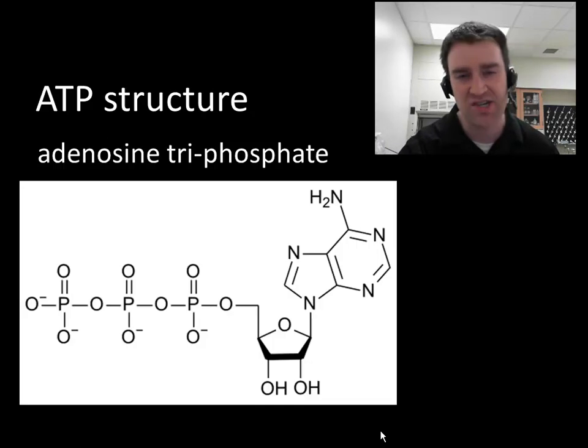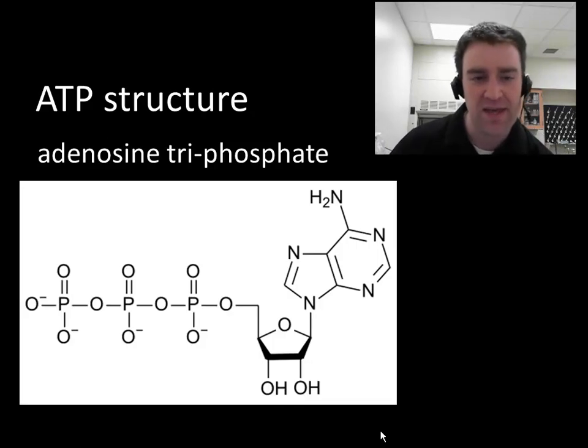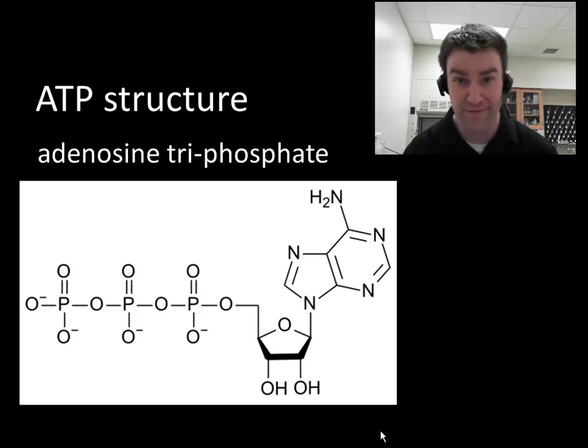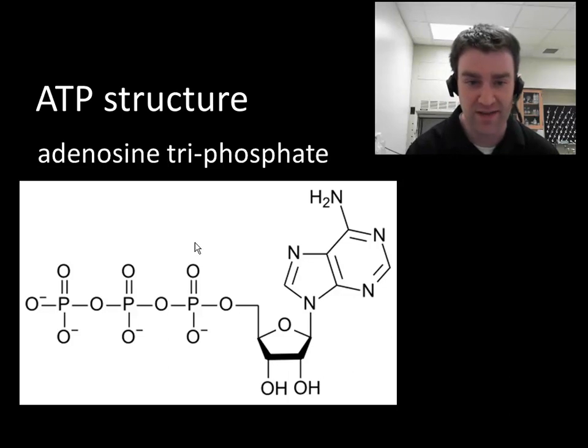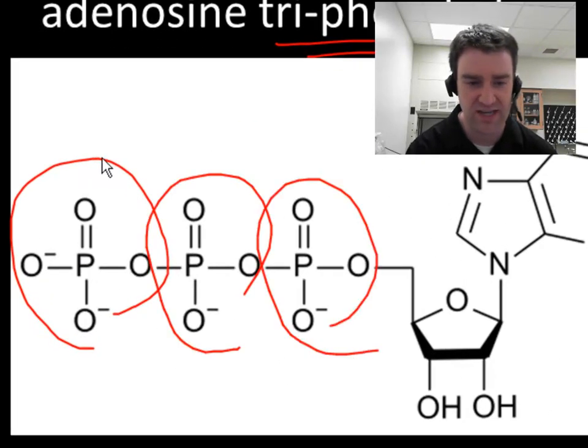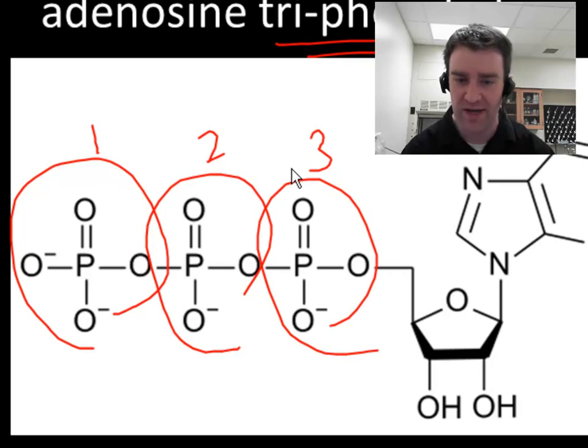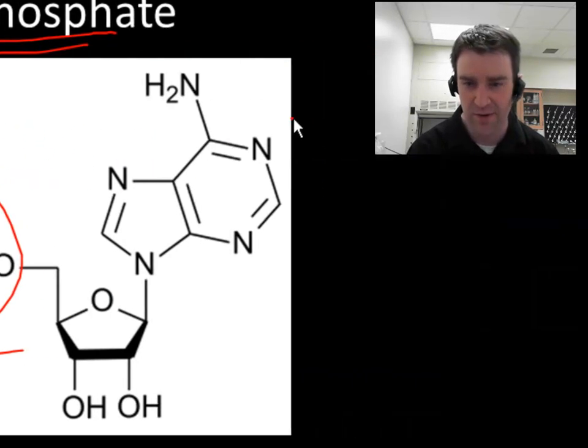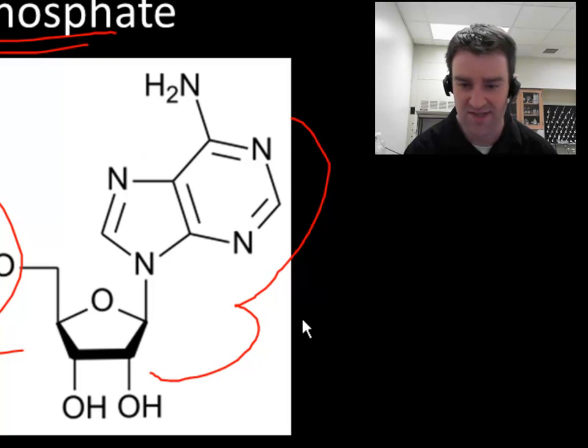So let's turn our attention now to ATP. ATP stands for adenosine triphosphate. That's a mouthful, but it's really the triphosphate that I care about. That's the functional part of the molecule, and that's over here. Remember when we studied our functional groups, we see that this is really our three phosphates right here. So three phosphates combined together, that leaves this other part over here, really this and this together, which is the adenosine.